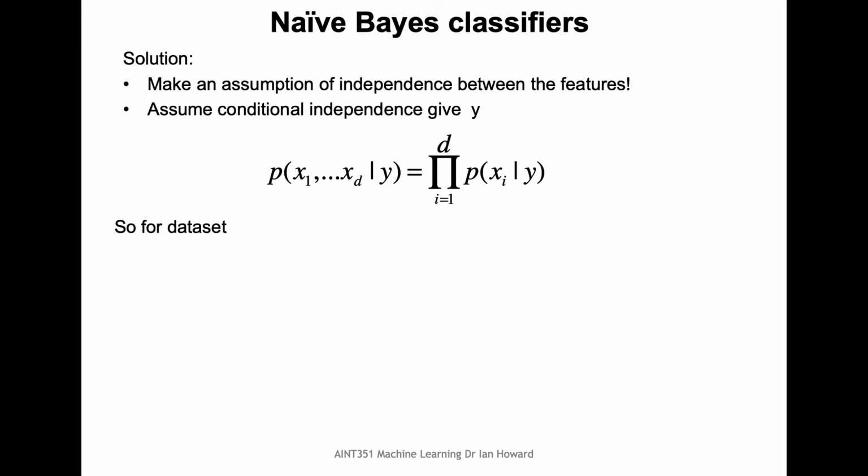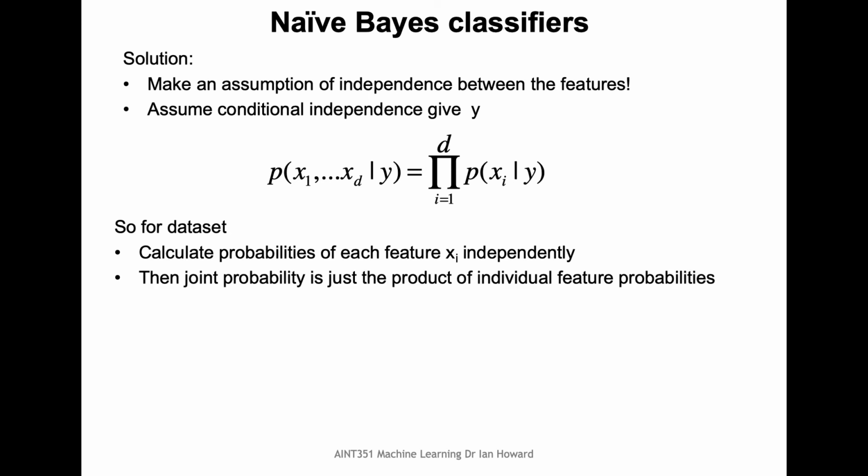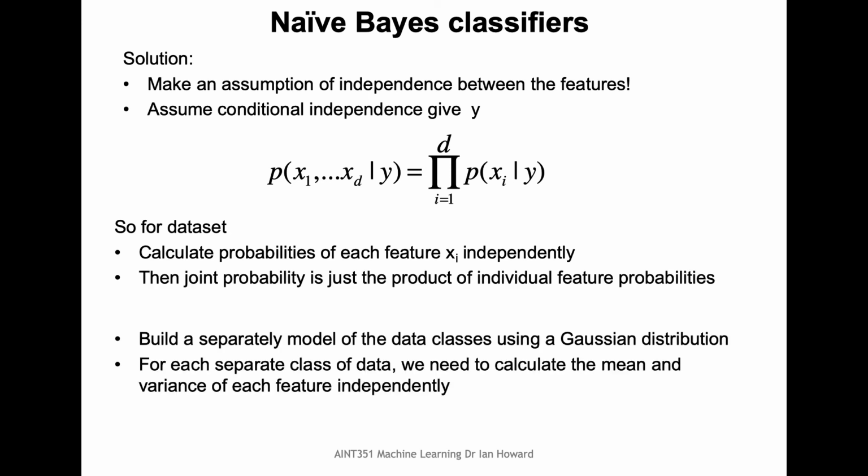So it's just a product of the individual ones rather than having to have this complicated covariance term. If we make that assumption that all the features are independent, that's nice, because then all we have to do is calculate the probabilities of each feature independently and multiply them together in order to get the overall joint probability.